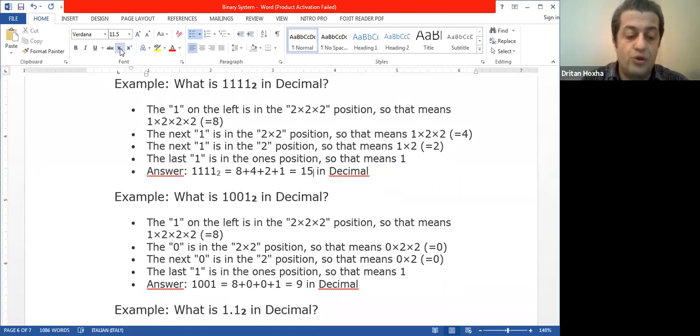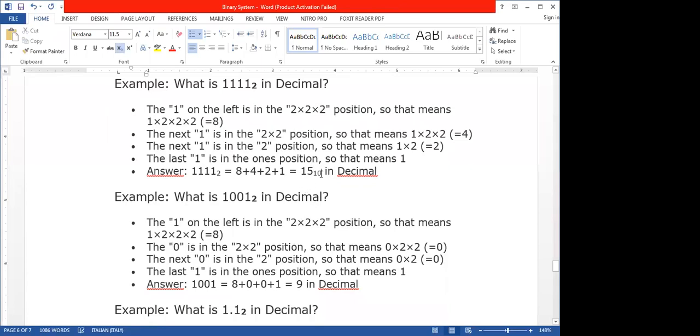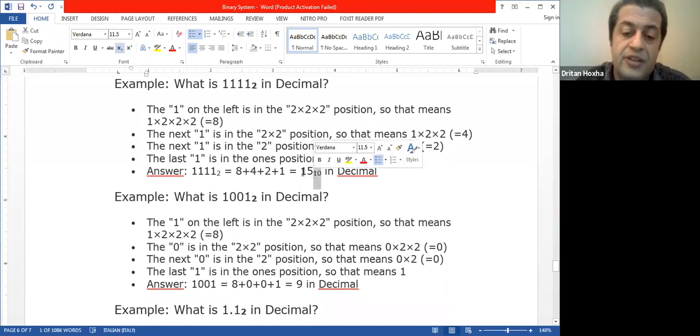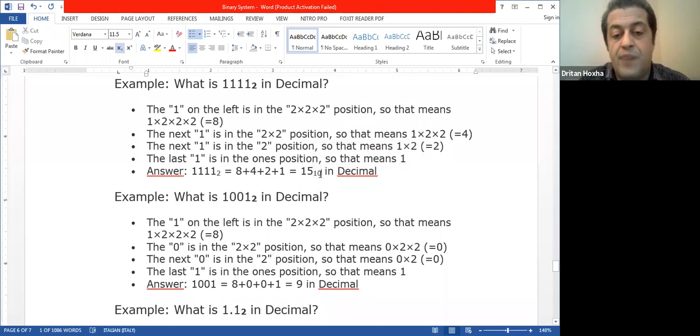We do not need to write the base 10 here, but if you wish, I can write it just to show you that I'm referring to the decimal number system. Usually the base is not written in the decimal system, but if you want, we can write it, no problem.